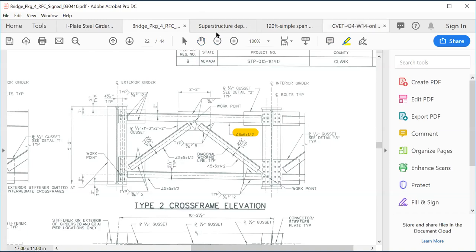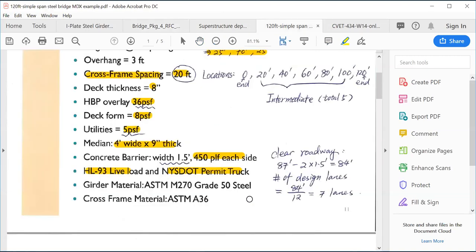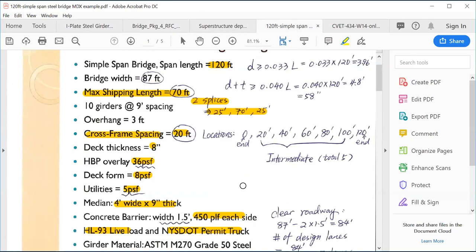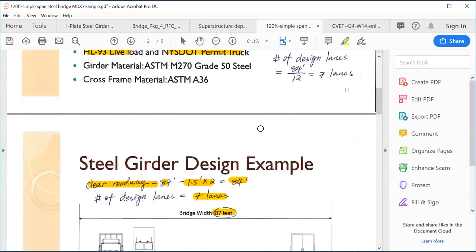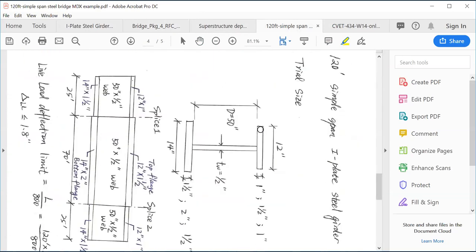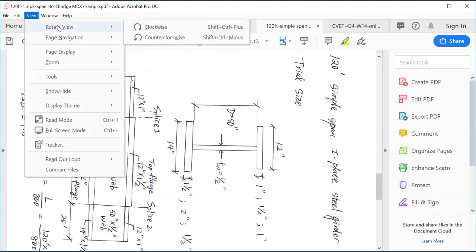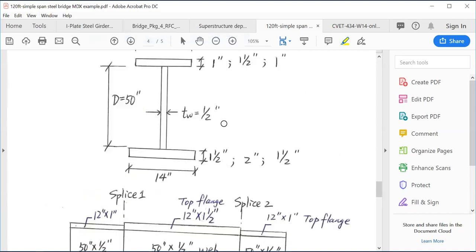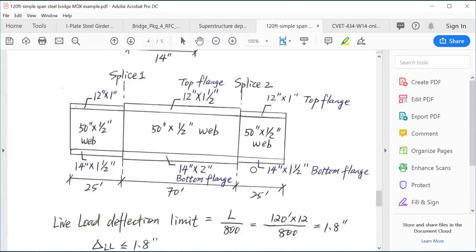According to the description of this bridge, we did the load calculation. And we have the girder size, and based on the splice location, we can change the flange thickness.